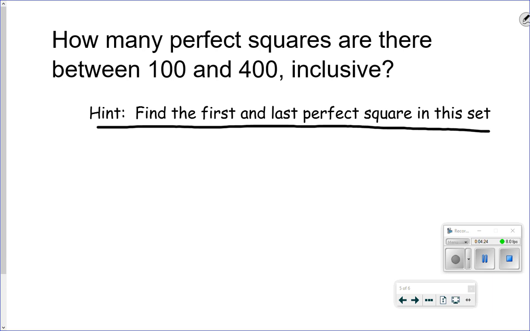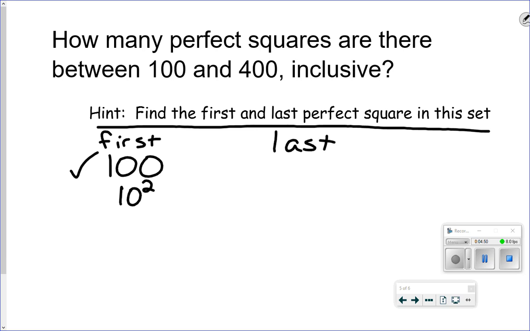So we're doing 100 to 400 and we're including them. First thing to check for: is 100 a perfect square? In this case, yes it is. So 100 ends up being our smallest square. That right there is the first, and we get that by doing 10 squared, so I'm going to jot that down as well. For the last one, we check: is 400 a perfect square?